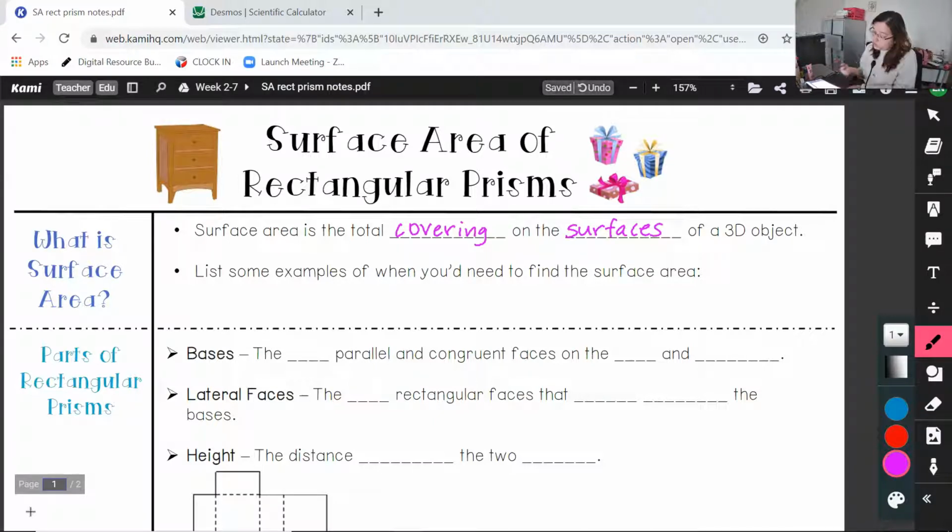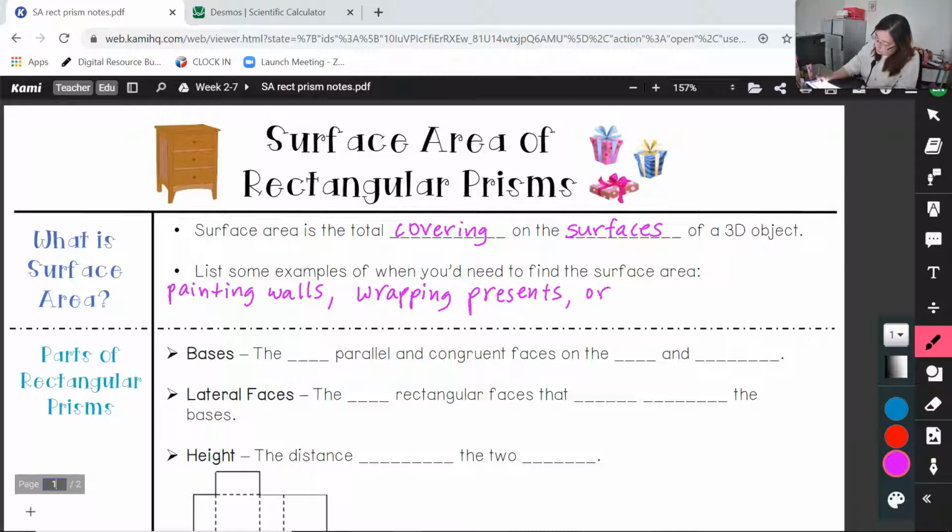So some examples of when we'd need to find surface area in real life are like when you're painting walls, wrapping presents, or measuring the surface of furniture.